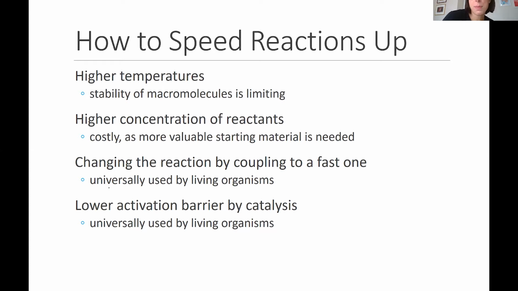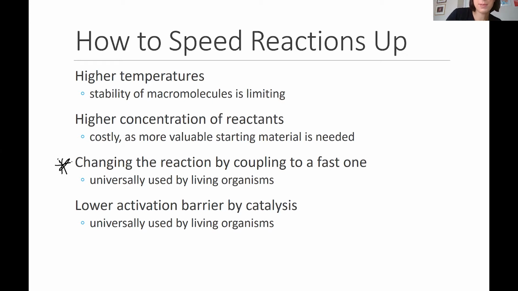Changing the reaction by coupling it to a fast one. This is something that we as organisms utilize often. Many organisms, not just animals or humans, utilize coupling reactions. This is again by taking a reaction that is favorable, coupling it to a reaction that's not favorable, and ultimately getting a reaction to occur faster.